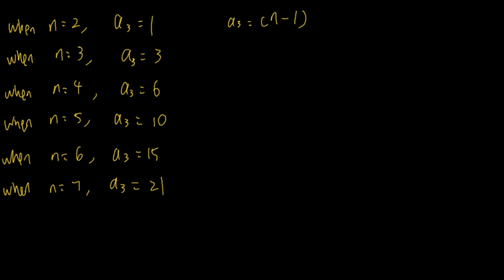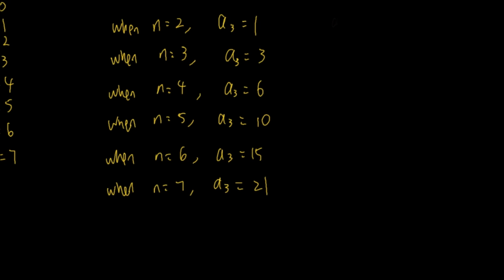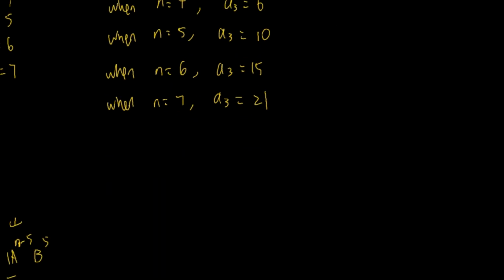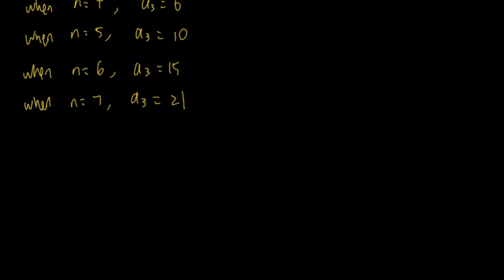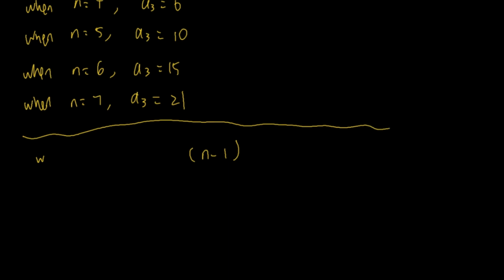We can keep this n minus 1, since it works for the first term, and start with it. We're trying to generate an equation here. So when n is equal to 2, a3 is equal to 1.